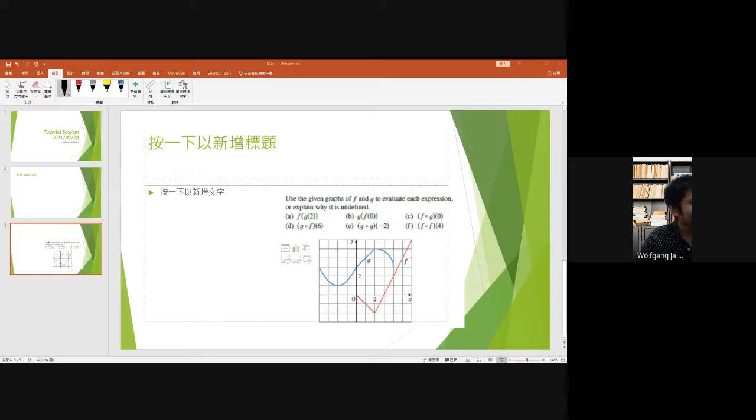Sorry, you are writing on the screen, right? Can you see? It freezes, right? Or is it really just me? Can others see? Okay. Is it okay now? I still cannot see the annotation.